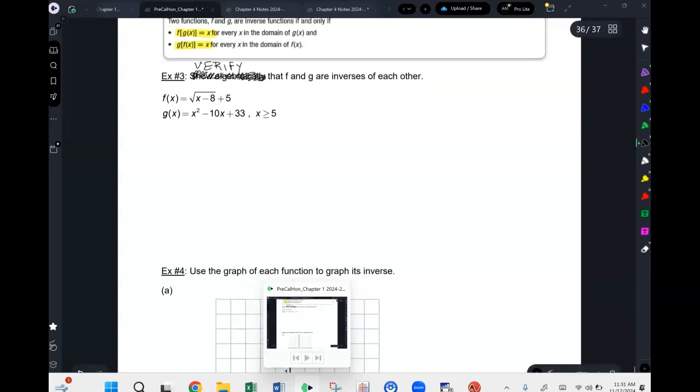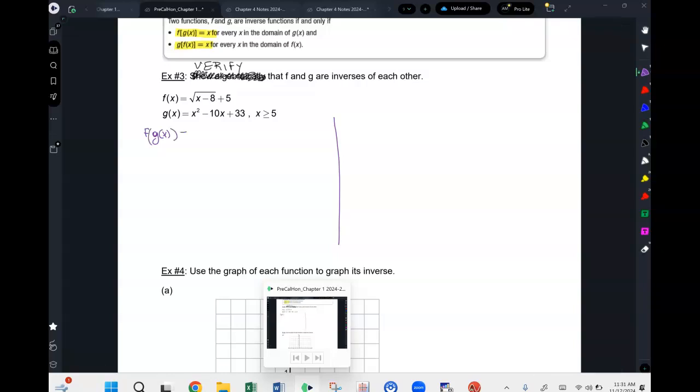So, you have to verify that f and g are inverses of each other. So, remember how for the symmetry I said separate your workspace into 3? Now I'm telling you separate your workspace into 2. So guess what I'm going to be looking for when I'm grading this question? Okay. So in the first part, you have to find f of g of x.